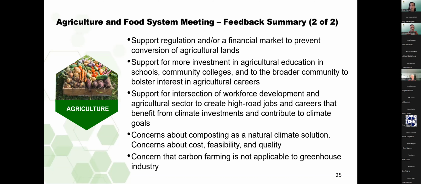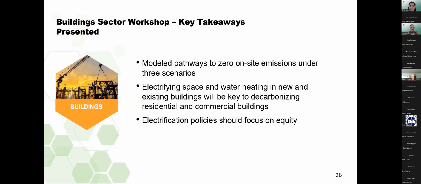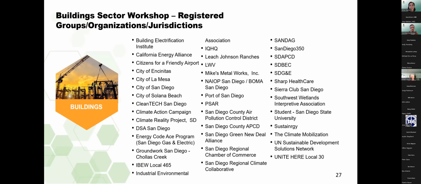Our fourth workshop was on buildings, and the key takeaways presented were that the chapter modeled pathways to zero on-site building emissions under 3 scenarios, that electrifying space and water heating in new and existing buildings will be key to decarbonizing residential and commercial buildings, and that electrification policies should focus on equity. Here's a list of those who registered and provided feedback, which again represents a broad range of interests.